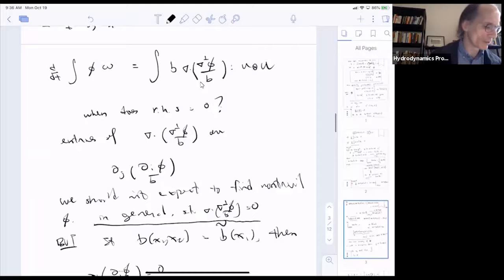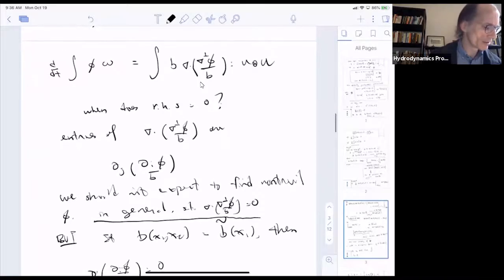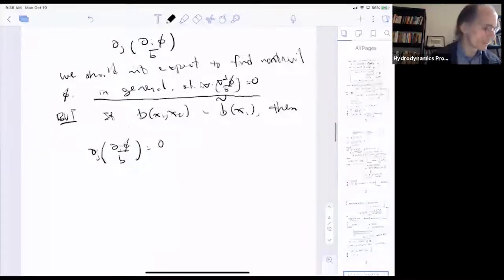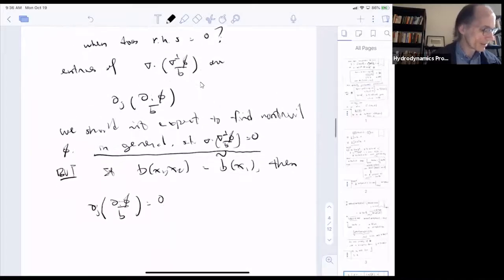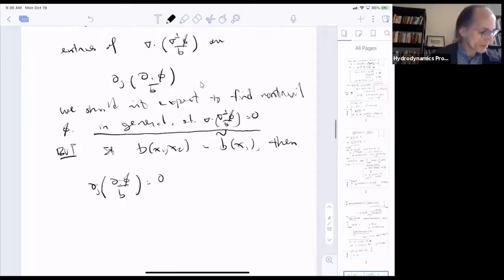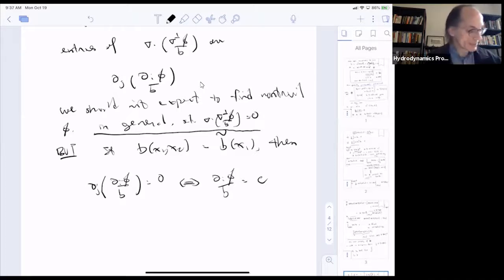I guess it would be enough for this combination of derivatives to be anti-symmetric. Even that's 3 equations and 2 unknowns. It seems a bit unfavorable. Anyway, so this is true. So d_i phi over b is a constant.